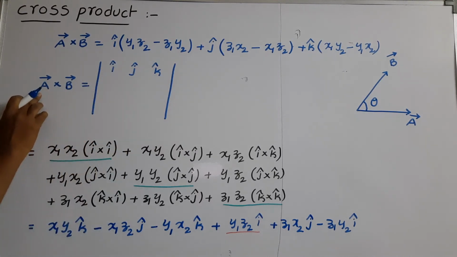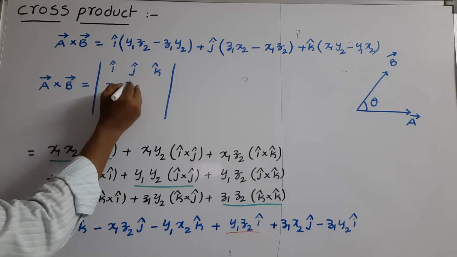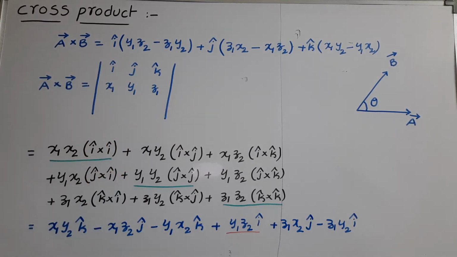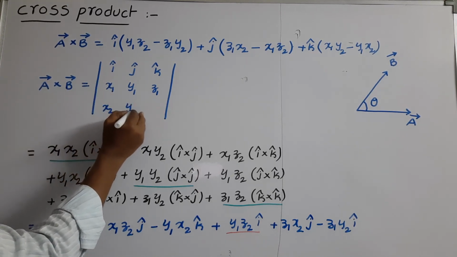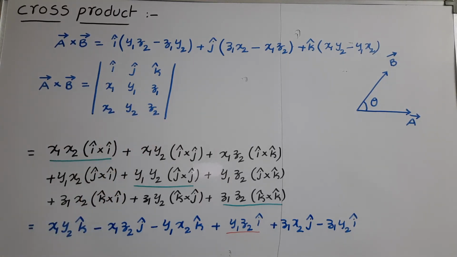Next, the first vector is a bar, so a bar i cap component is x1, y coordinate y1 and z component z1. And next from vector b bar, x2, y2, z2. So we write the components of the vectors, x component, y component, z component. The first vector in the first line, the second vector in the second line.